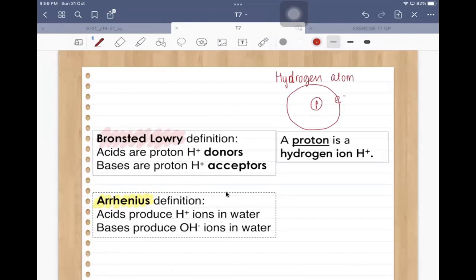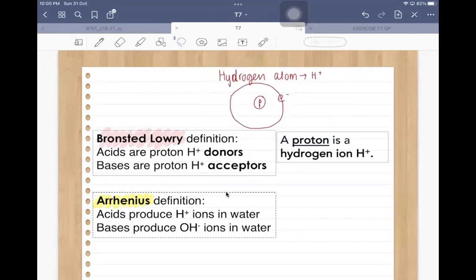Now, when you lose hydrogen to become H plus, okay, hydrogen atom to become hydrogen ion, H plus means you have lost the electron, right? So no more electron circling outside your nucleus. That means you are only left with your nucleus, which is a proton.